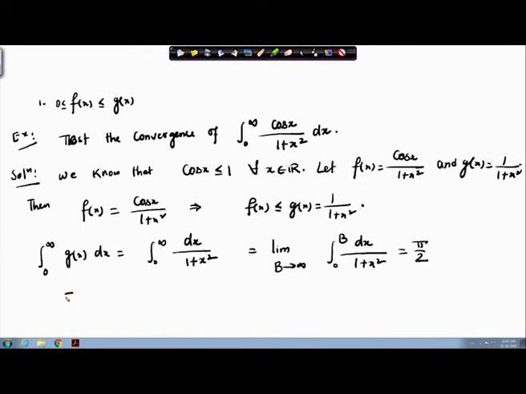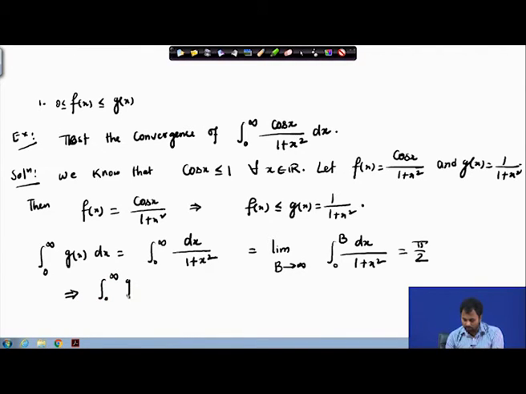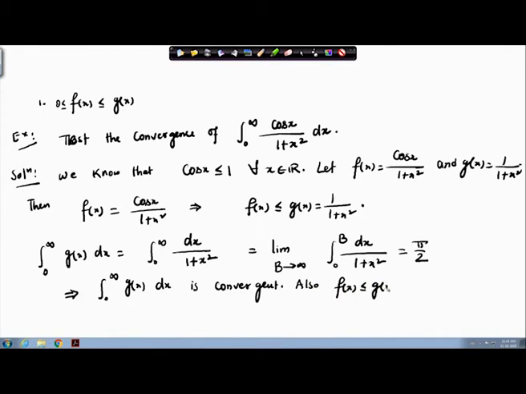So, from here we can put all this into a statement. The statement is: the integral of g x dx is convergent or exists, and also f x is less or equal to g x.